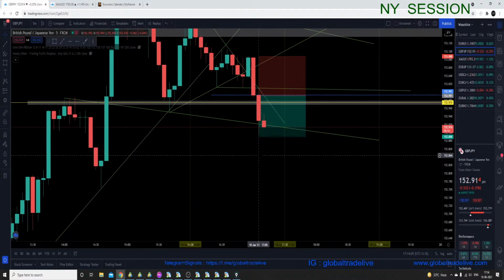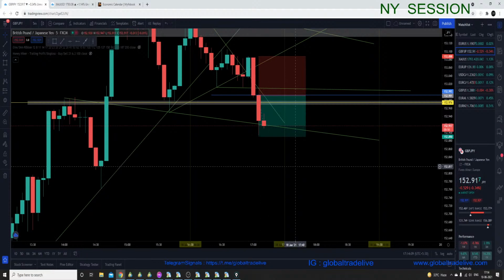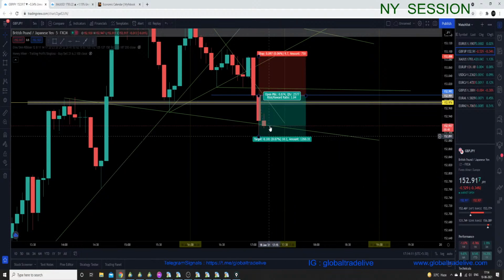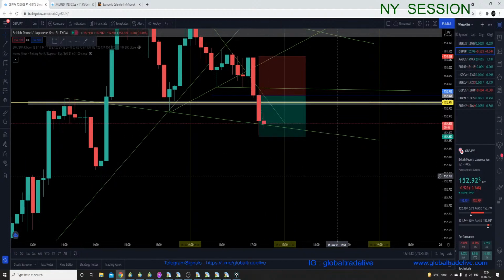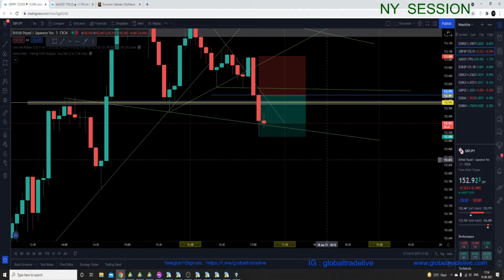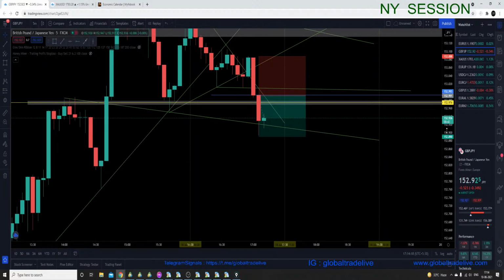So just expect and anticipate that this should just drop further. 44 seconds remaining here, and I think it will be going up, because if it closes bullish, then the chances of going up will be increasing.